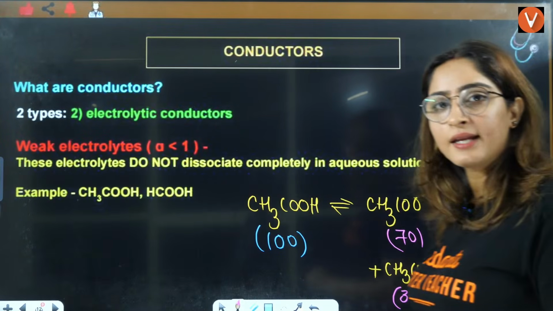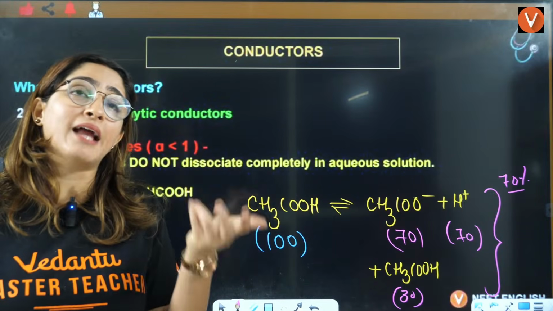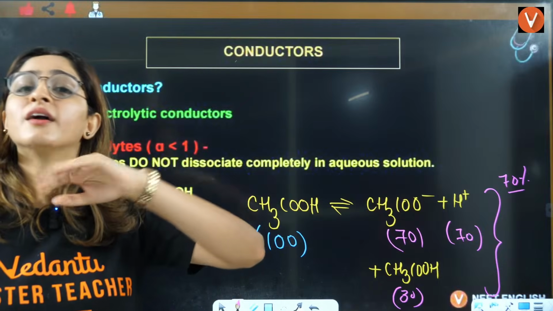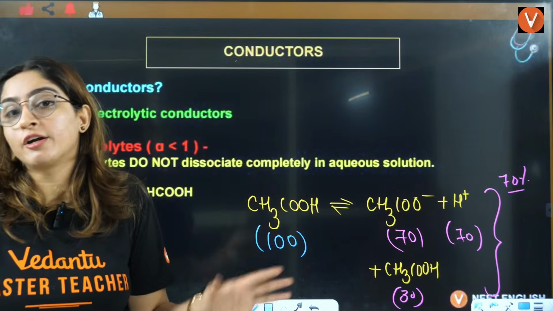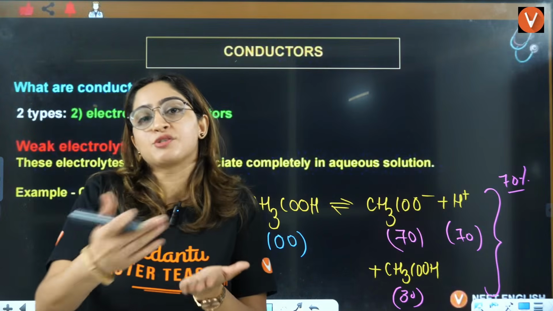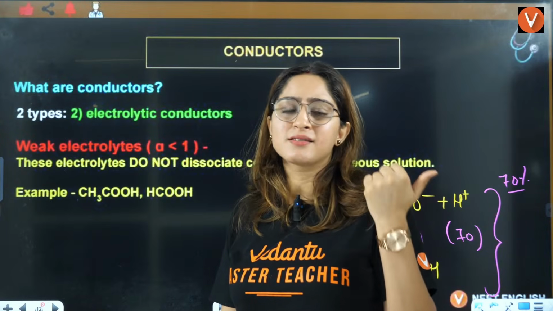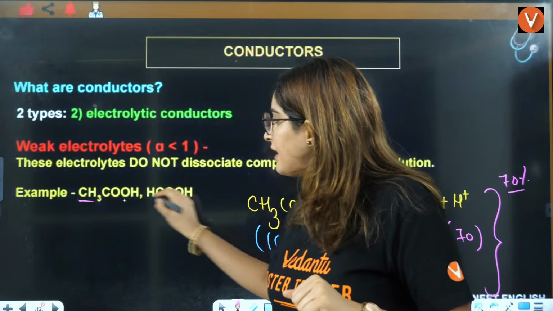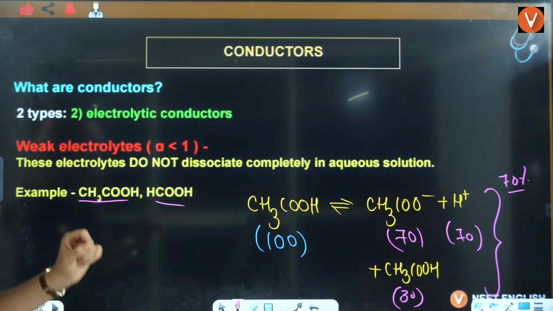When dissociation is not 100%, it can be 90, 80, 70, 60, 50, 40, 30, 20, 10, whatever. If the dissociation is not 100%, and all the molecules are not getting dissociated, that is called a weak electrolyte. Weak acids and weak bases act as weak electrolytes.